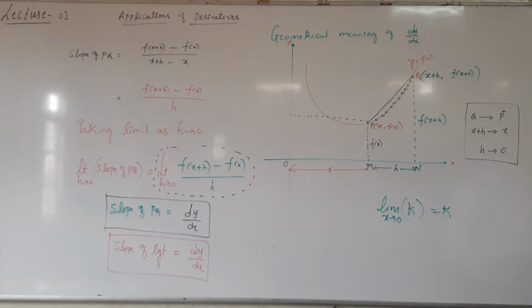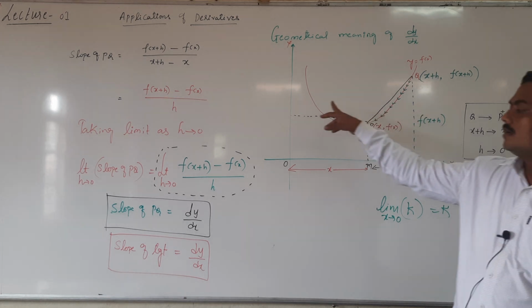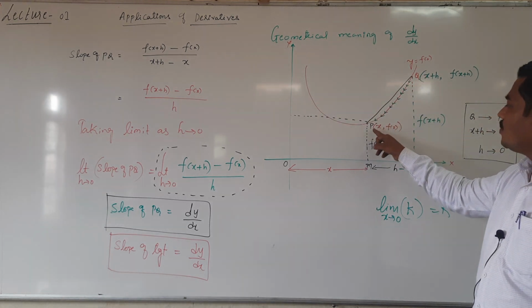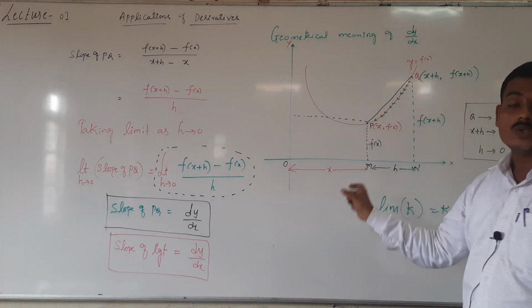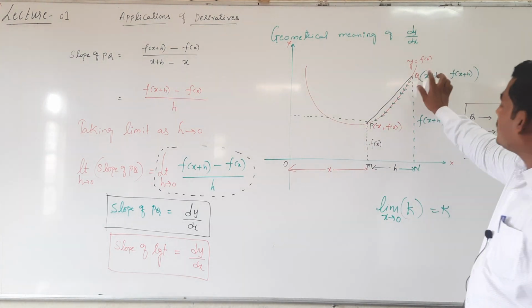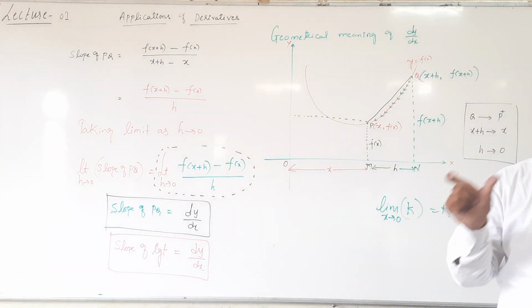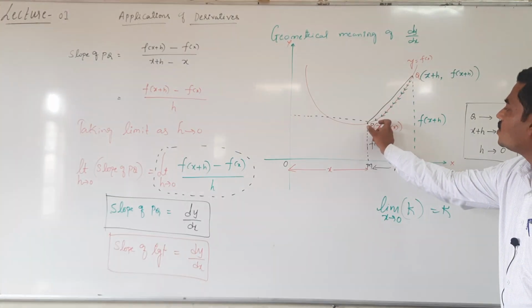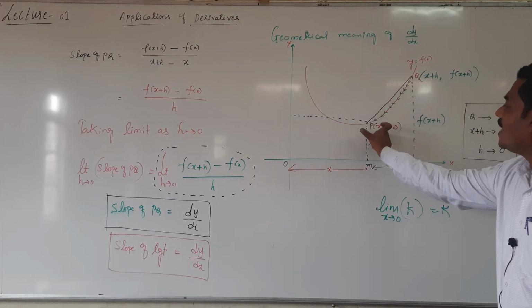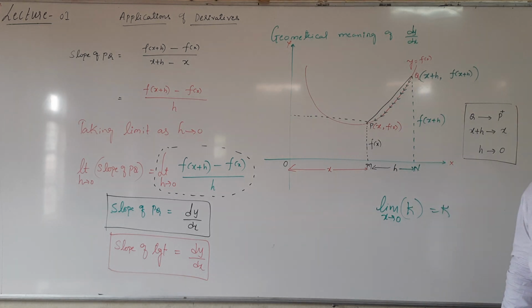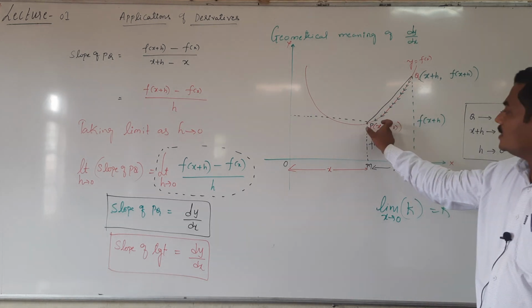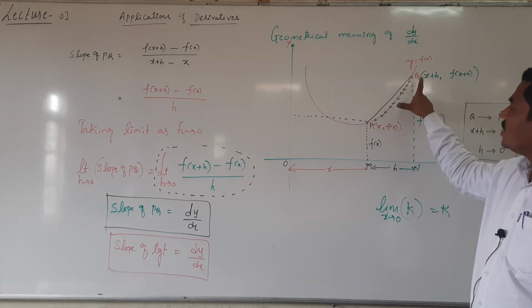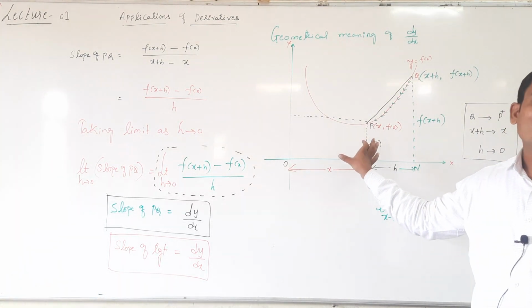Just from the graph only. When Q approaches P, this h value approaches 0. Why approaches? This Q does not coincide with P. Approaches means very close to. Whenever this Q is very close to P, then this PQ line becomes the tangent line only. Right? Means the slope of PQ, the secant line, becomes the tangent line.